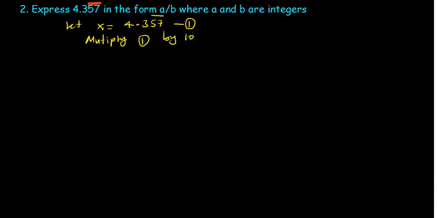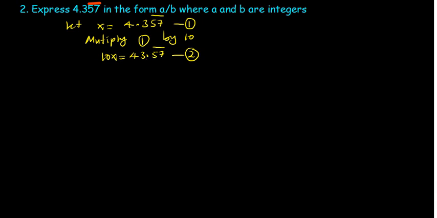That will be 10x being equal to 43.57. Let me call this equation 2. I've already made sure that the decimal point is in front of the repeating number, and I also need to make sure that it is behind the repeating number. How many times can I move it? 1, 2.